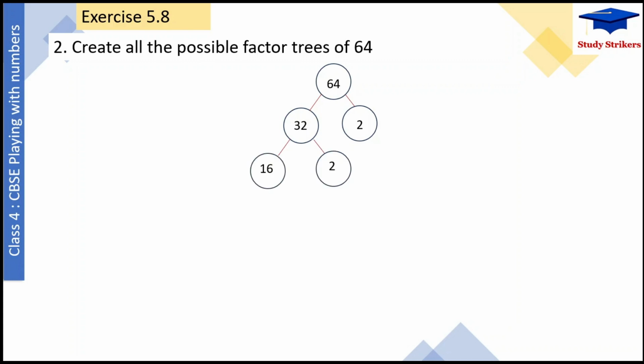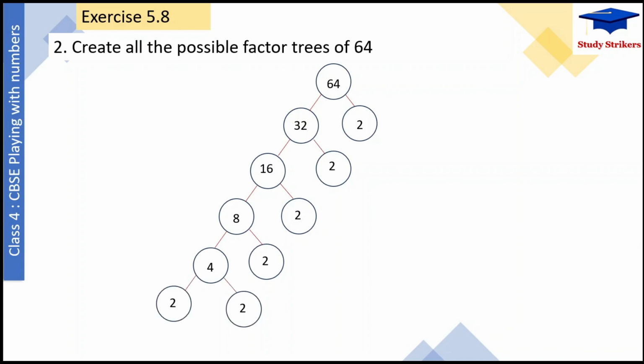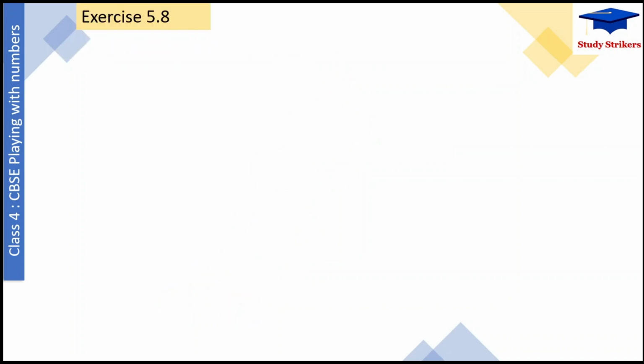Again 16 will be divided as 8 and 2. 8 will be divided as 4 and 2. 4 will be divided as 2 and 2. So we got all the possible factors of 64, right? Let's move towards our next question.